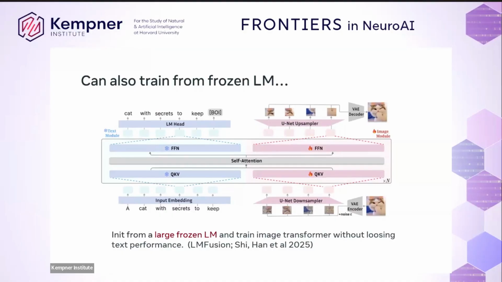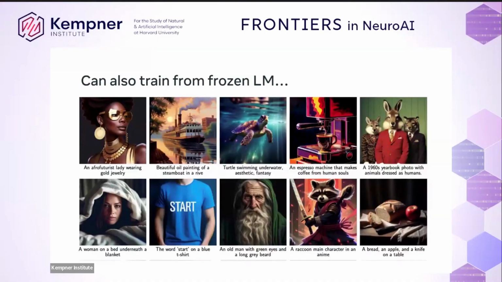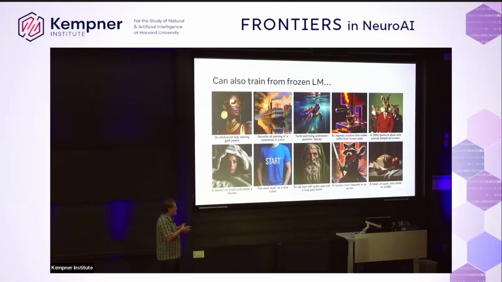Okay, and this was an LM fusion approach that we did recently. This also works beautifully. You get more efficiency by doing it, and more beautiful images. You get a much more efficient result, essentially spending all of your time training the image generation model, but benefiting deeply from integrating with the language model. Okay.